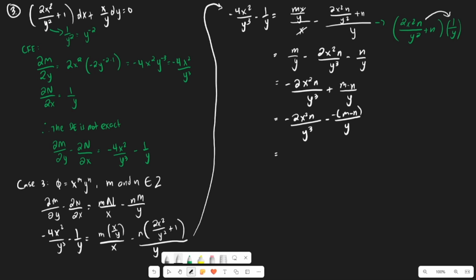So we simplify even further. Now we have negative 2x squared n over y cubed minus, in this part, the negative sign times m and the negative sign times negative n. So we'll have negative m plus n, or basically just n minus m over y.